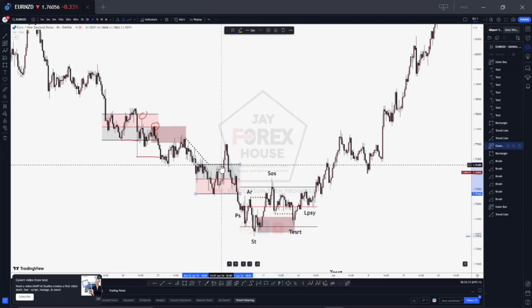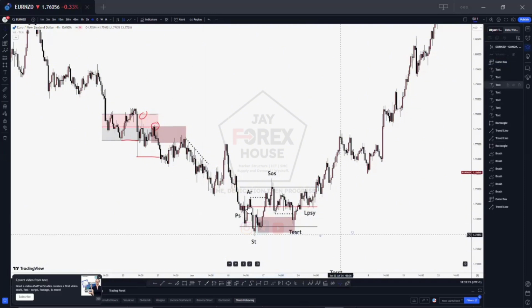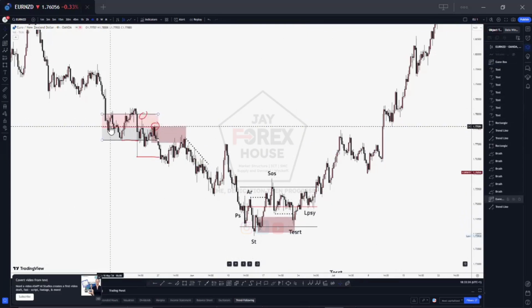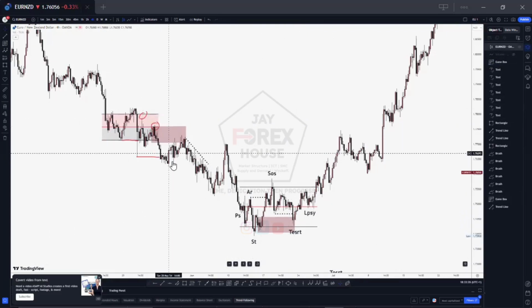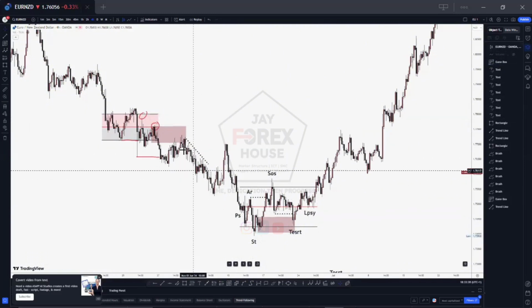And then with this, I would have this as the accumulation. So you see, I just gave you insight from what's happening from this area to this point, coming from the principles, understanding the cause and effects using premium, impulsive and corrective price action, then identifying the swing points of the structure.